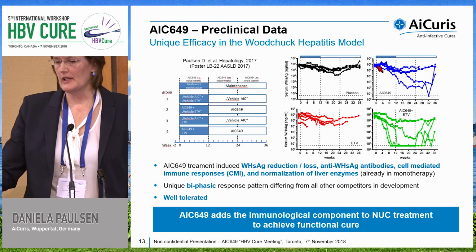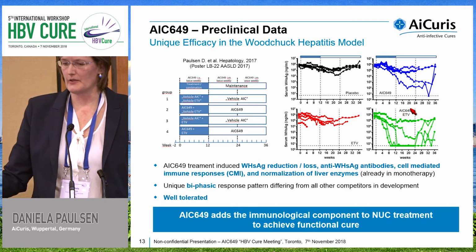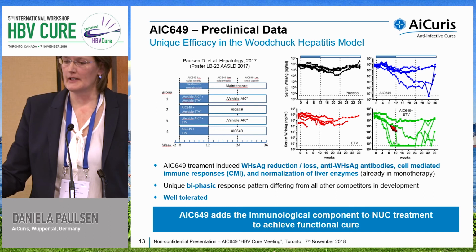If you use 649 alone, you see that in 2 of the 4 animals, S is going down. And if you combine the 2, 649 as well as entecavir, then you clearly can see that you have S loss in 3 of 5 animals and 1 intermediate here.